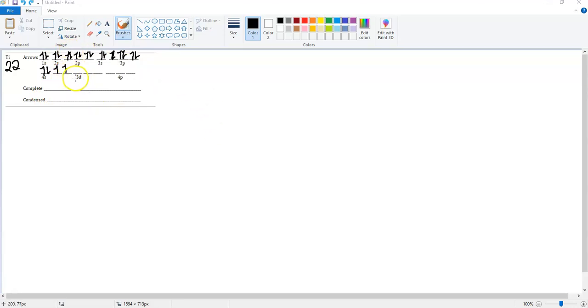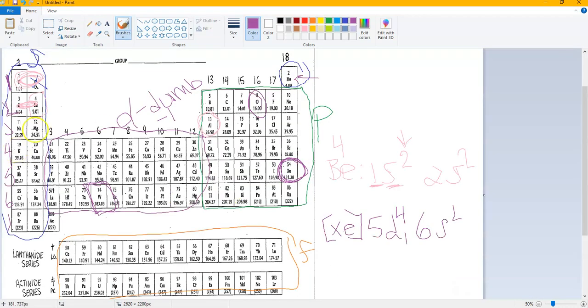However, if you notice, the 3D orbital comes before the 4s orbital. So if you look at the periodic table, this first D orbital, the first transition metal, is actually on the 4th row. However, in an atom in real life, the D orbital actually comes before the 4s orbital.